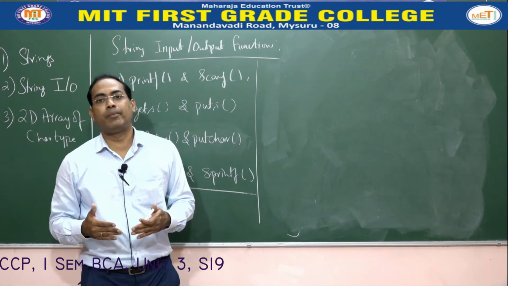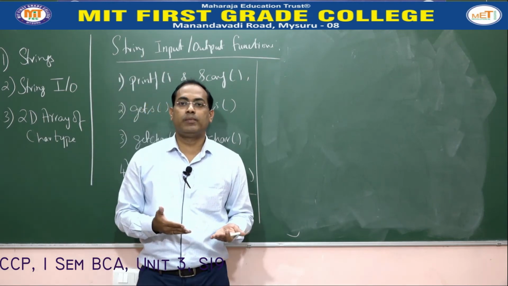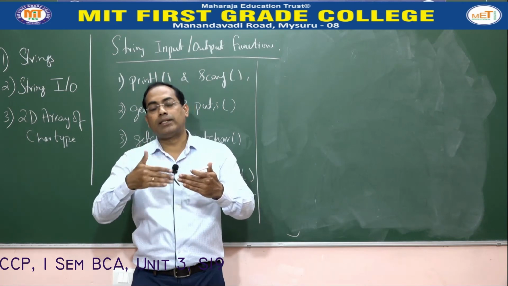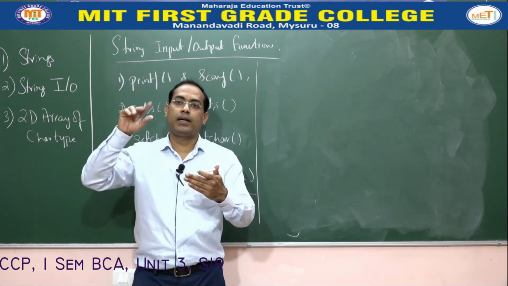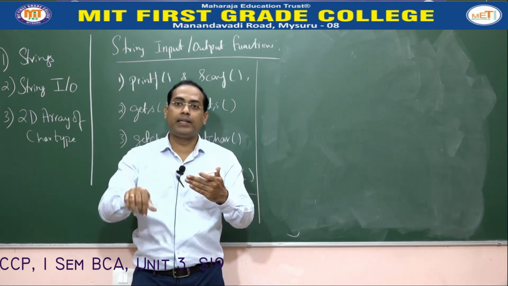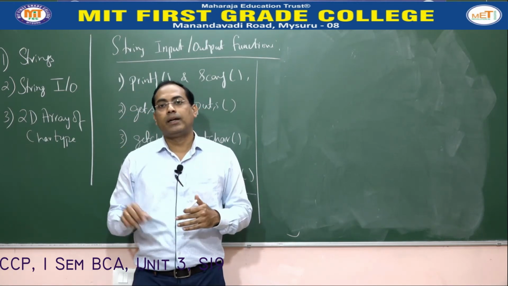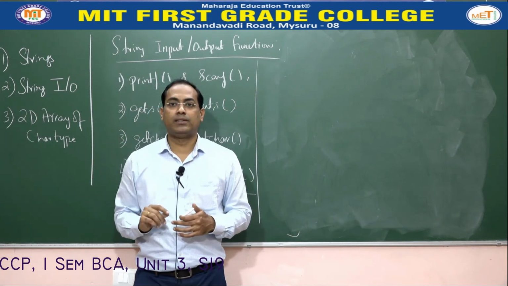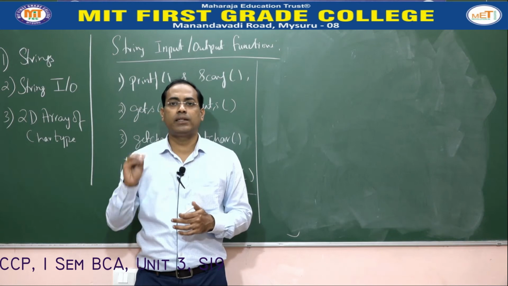So we are going to take the help of a looping statement to accept a character at a time until a \n is encountered, in the sense enter is encountered, and then at the end of the string we have to terminate with a \0 to indicate it is the end of the string.